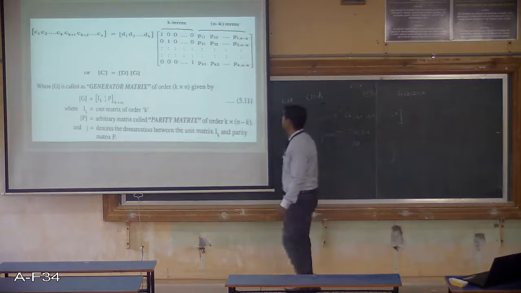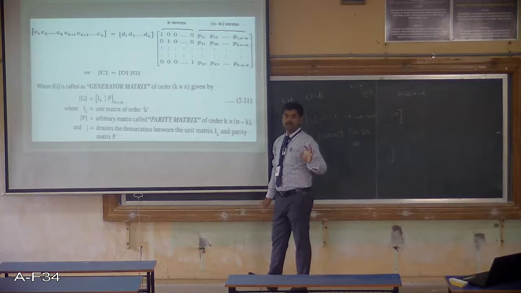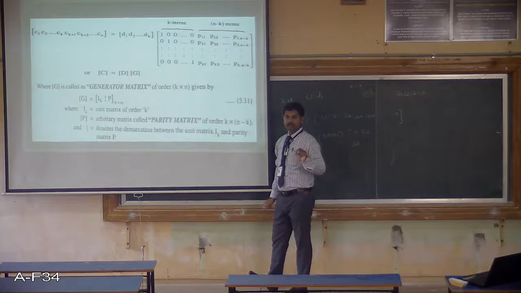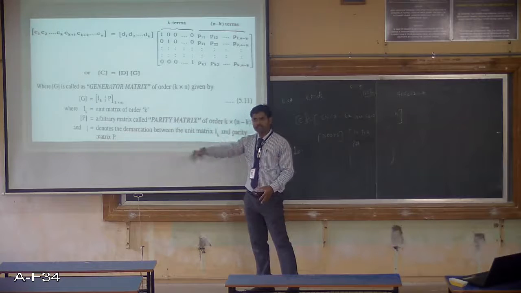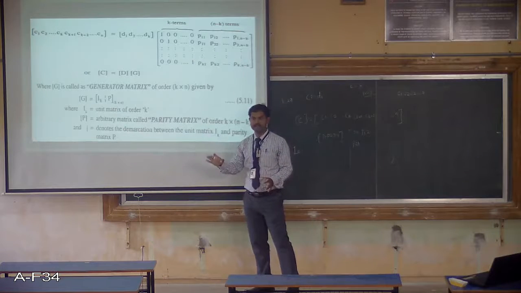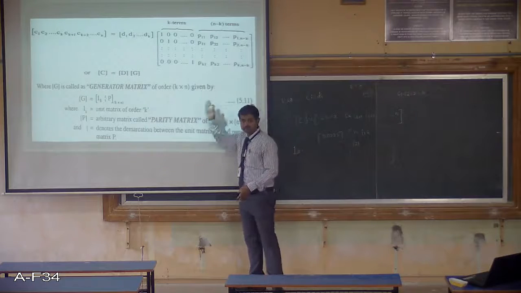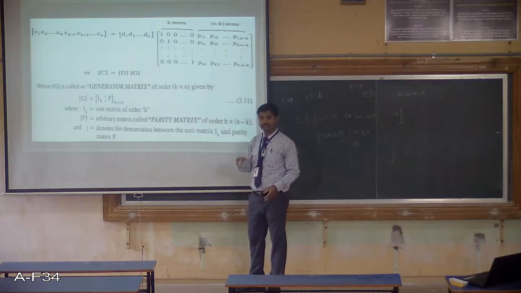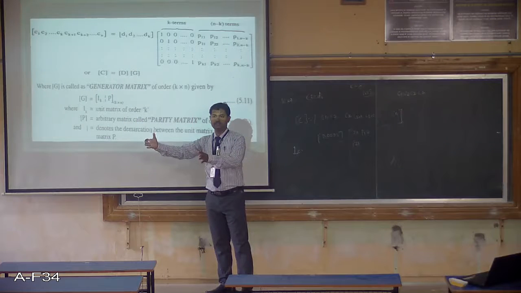Next part, this is the parity matrix, right? So P11, P12, they are either 1 or 0. But that set of matrix, I call it the parity matrix. How many rows? Same thing, k rows only. But columns, you just leave Ik and consider only that additional part.